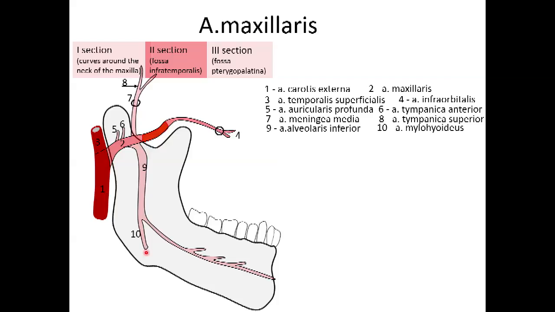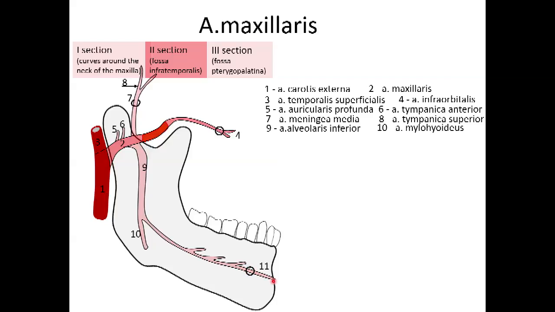And also we can find arteria mentalis, number 11. Again, you can try to palpate the pulse beat in this region, in the chin.